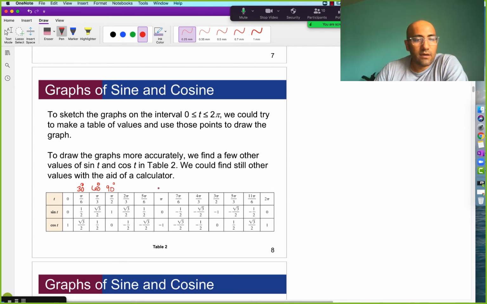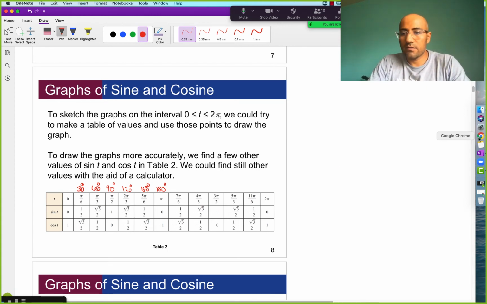And this is equal to 180 degrees. This is equal to 150 degrees, I think. So this is equal to 120 degrees. Right, so we can find all of these values fairly easily. So we have a bunch of points that we can graph already. So if we graph those individual points, we start to see the general shape of the graph.